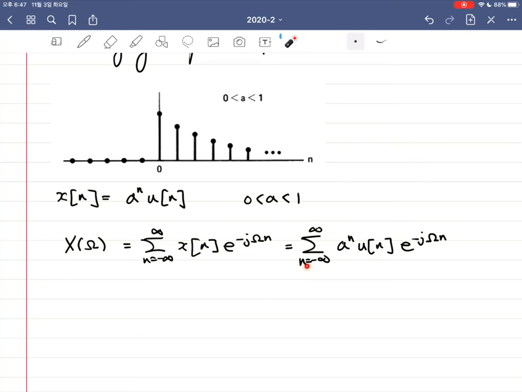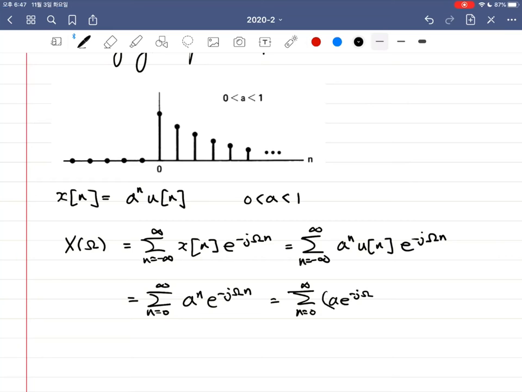So this becomes a summation from 0 to infinity, and the u[n] vanishes. The summation is now from 0 to infinity, and we can combine them with this parenthesis.